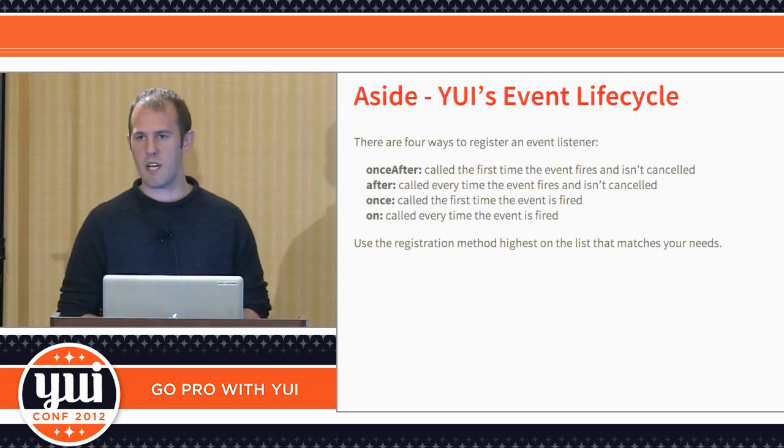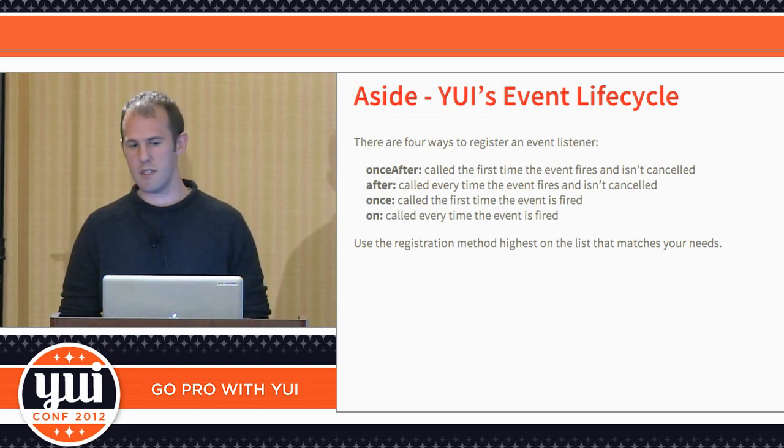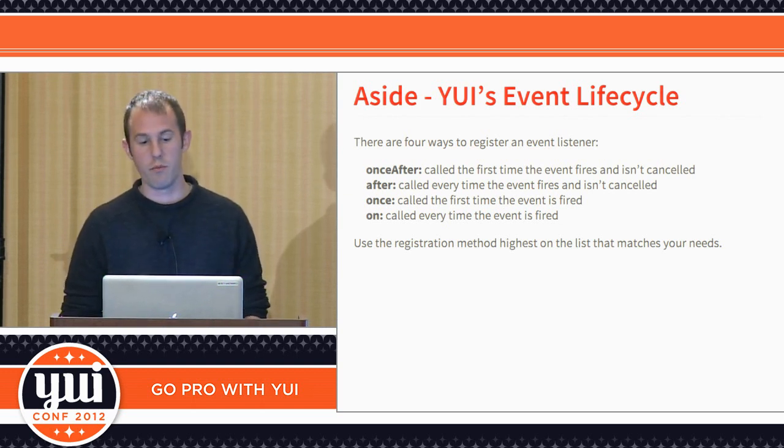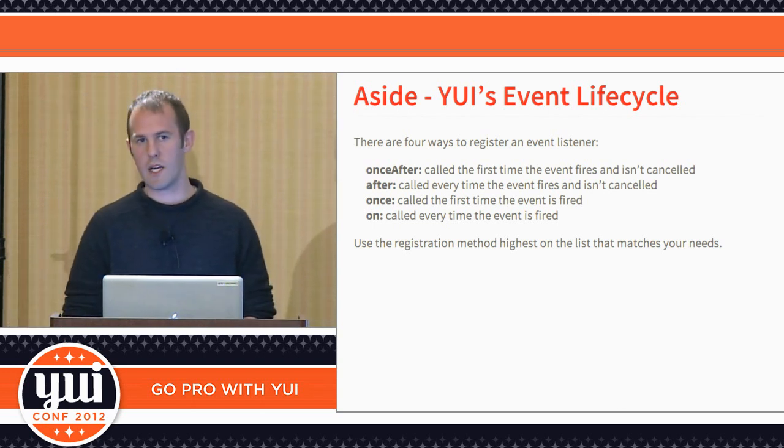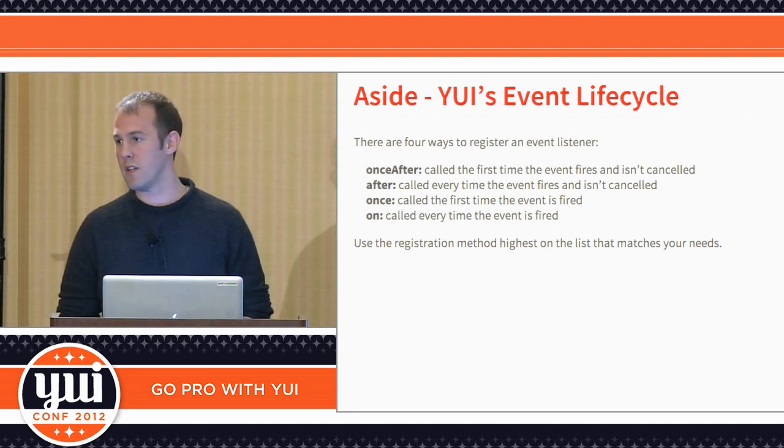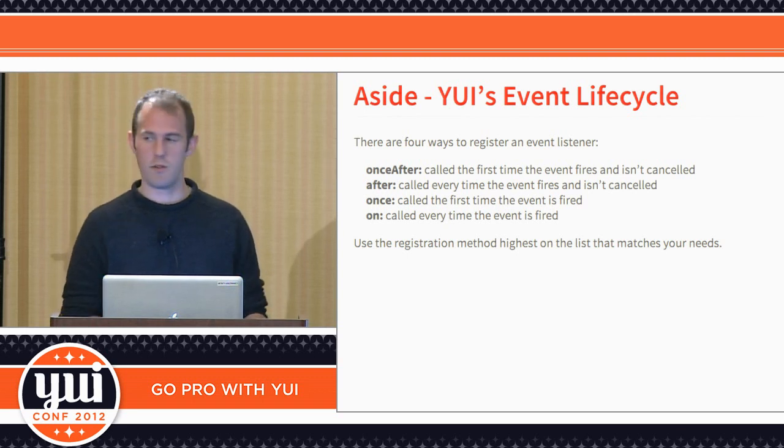And after happens after the event has already occurred and has successfully gone through all of the other on event handlers. So my recommendation is to pretty much always use after if you are actually interested in knowing that the event happened rather than on, so that if a new feature later on has to interact with that event and perhaps stop it, then you don't have to refactor old code to say, oh, actually, I don't only want to know if this was successful or not.